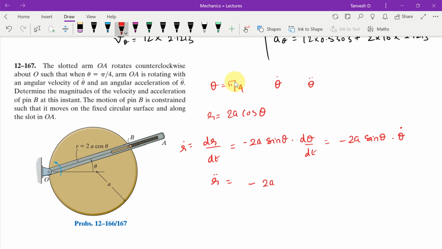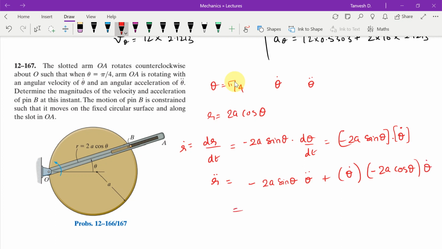If I consider this as u and this as v, then u times derivative of v, which is theta double dot, plus v times derivative of u, which is minus 2a cos theta into d theta by dt, which is theta dot.